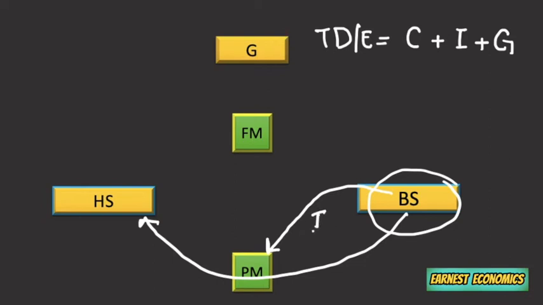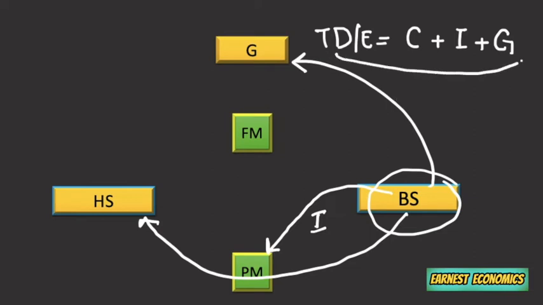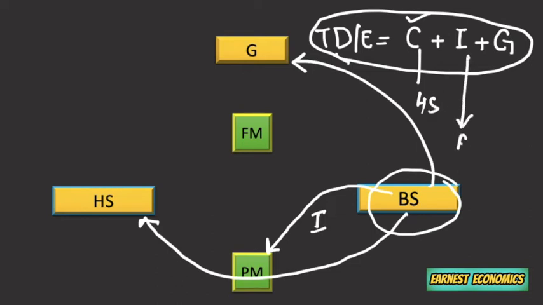And then there is one more source of demand, and that is the government sector, because the government sector also needs goods which they have to use to run the government, to run different departments. So this needs to be kept in mind, that total demand or total expenditure has got three components in this case: the consumption expenditure on part of the households, the investment expenditure on part of the business sector, and the government expenditure on part of the government. This is the total demand in an economy.